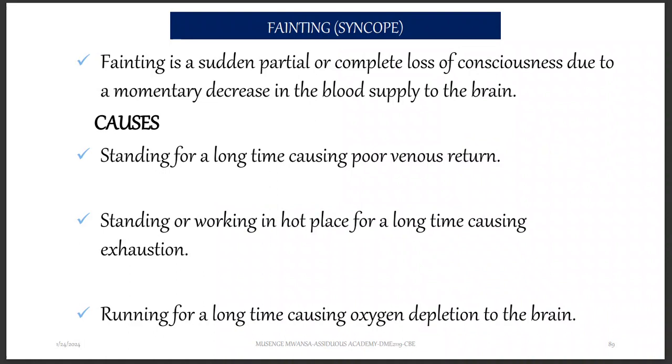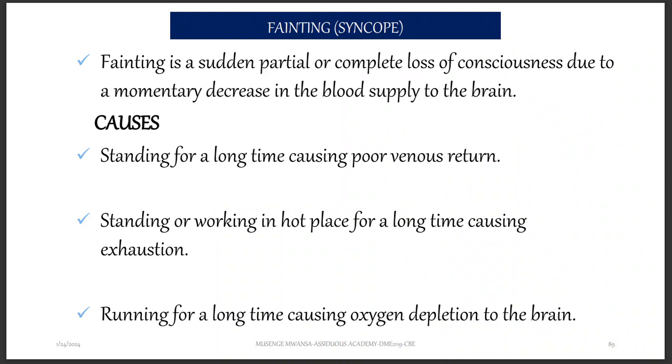What can cause fainting? Fainting is also known as syncope. The causes of fainting include when you have been standing for a very long period of time. There's going to be poor return of blood to the heart via the veins, that is known as venous return. So that can actually cause fainting.